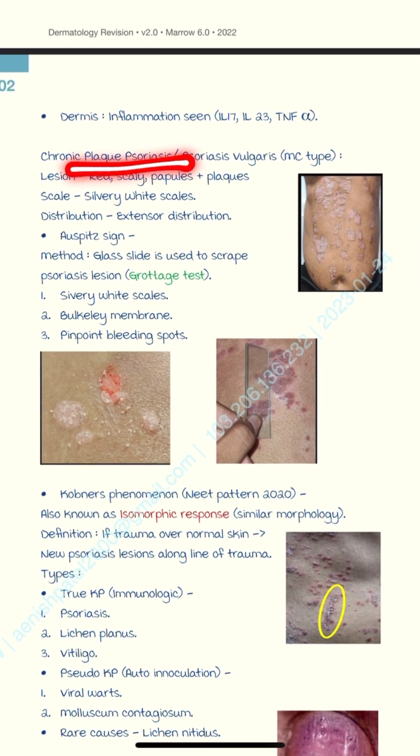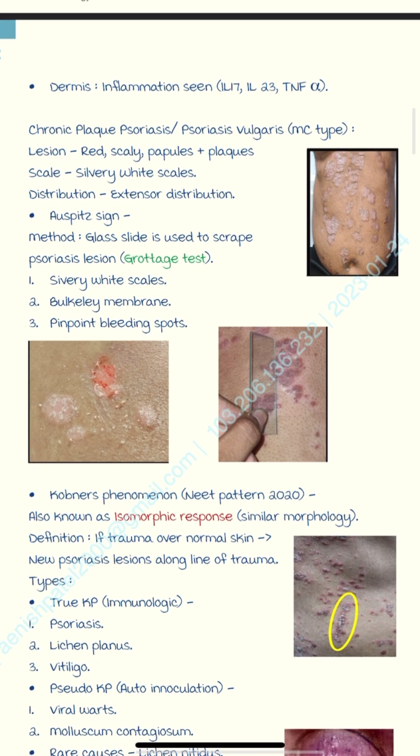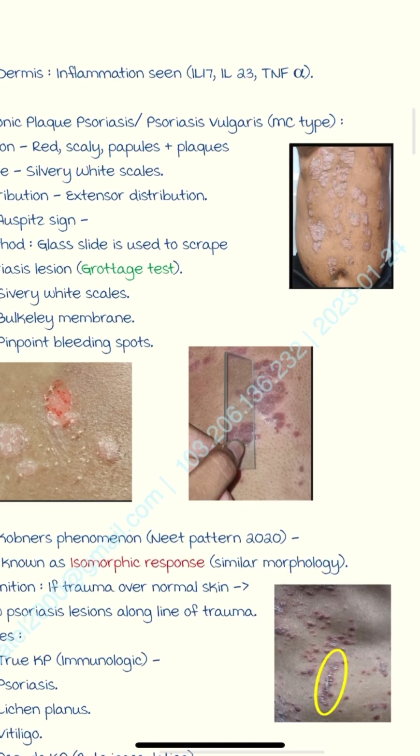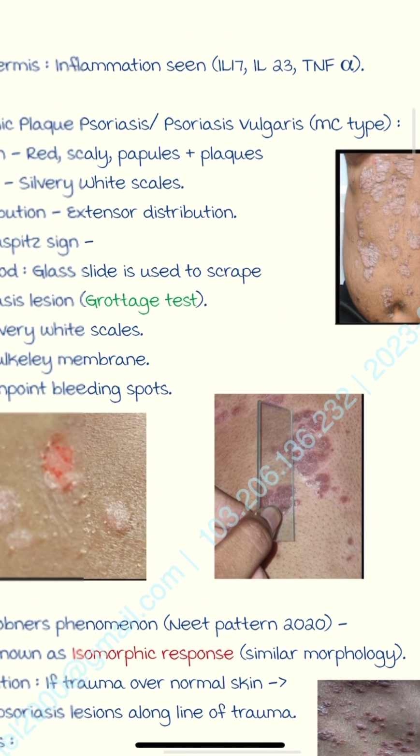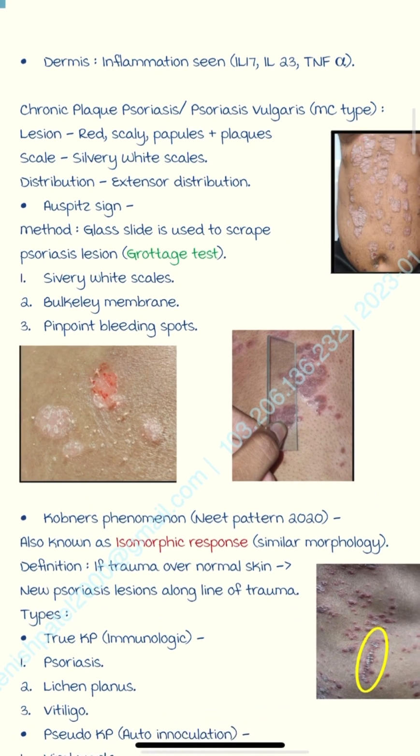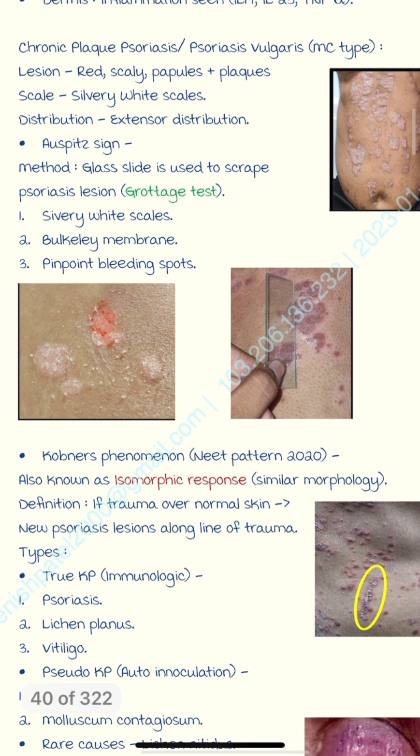Chronic plaque psoriasis, or psoriasis vulgaris, is the most common type. It includes red, scaly papules and plaques. Scales are silvery white and are present in the extensor distribution.